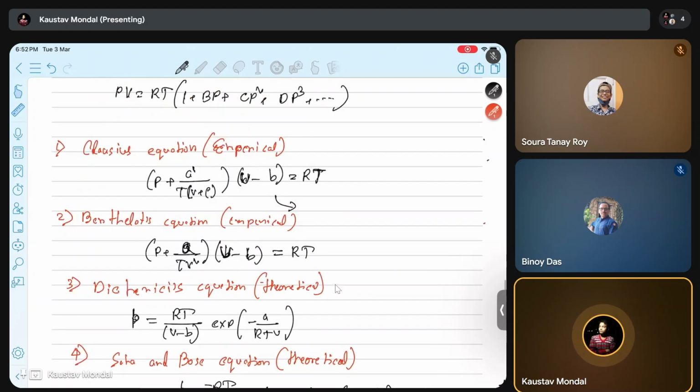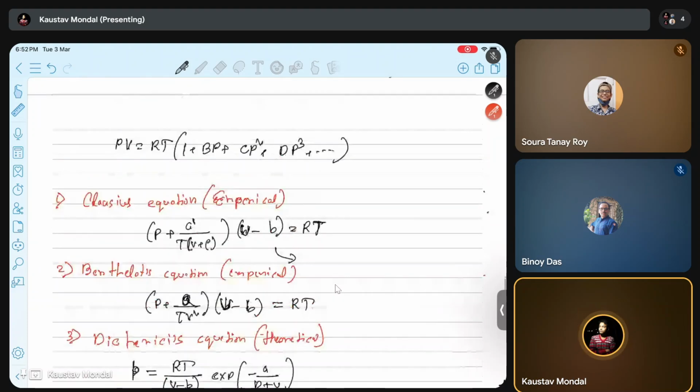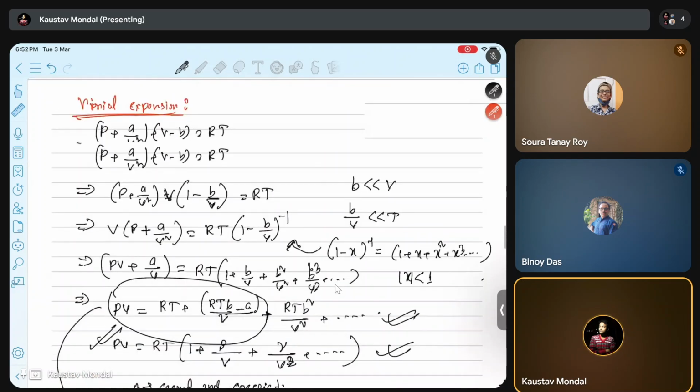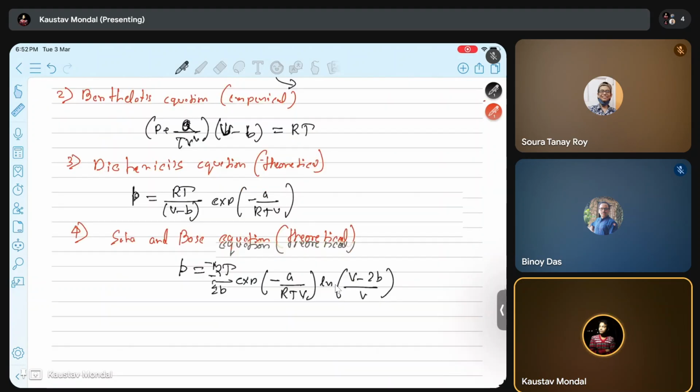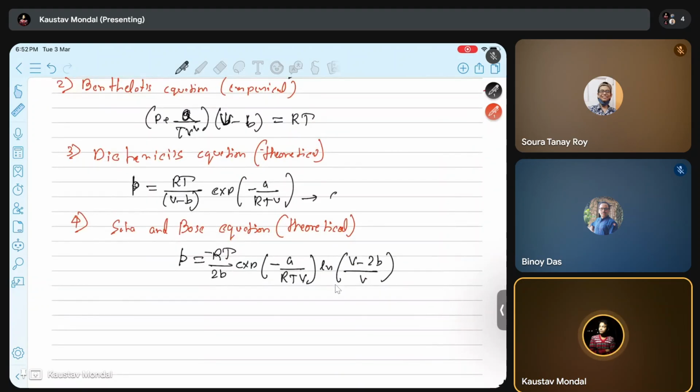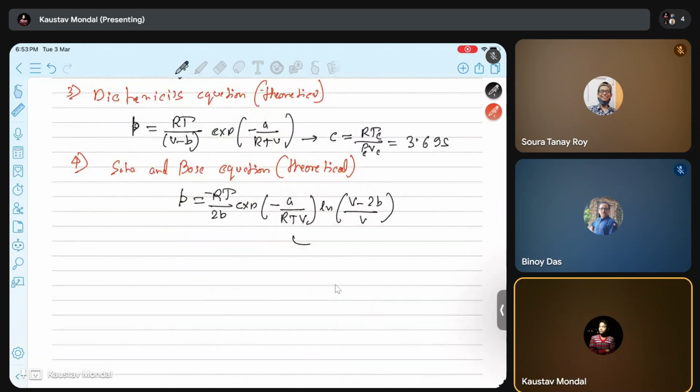Now, for the van der Waals gas, this critical coefficient we know is 8 by 3, right? For all of these gas equations, there are separate calculations of the critical coefficient. For the last two, for the Dieterici equation, the critical coefficient, that is RTC by PCVC, is basically 3.695, and for the Saha-Bose equation, the critical coefficient is given by 3.53.